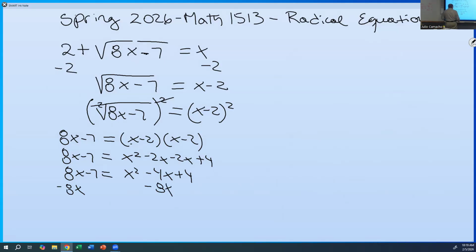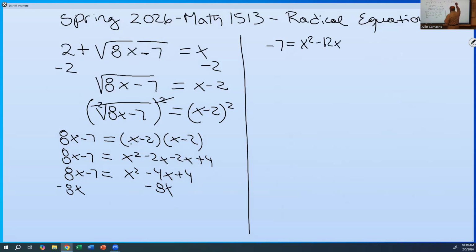When I do that, let me go to the other side of the board. If I subtract 8x from both sides, now I have negative 7 is equal to x squared, negative 4x minus 8x, two negatives, will be negative 12x, and you have your plus 4.